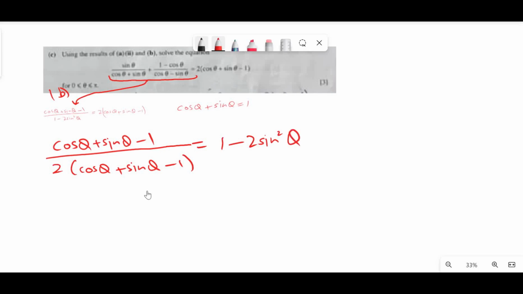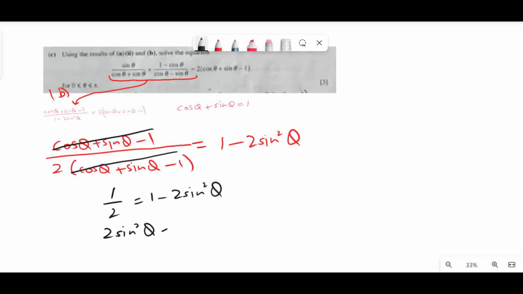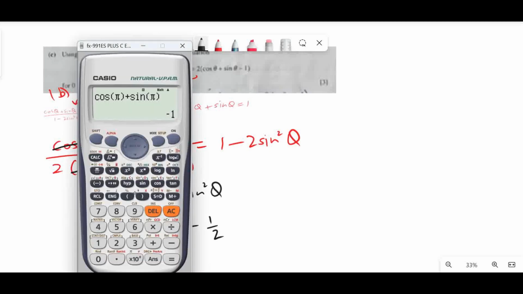Now from here we can clearly see that these two values are same, so we can cancel out this one with this one. So 1 by 2 is equal to 1 minus 2 sine square theta. From here we can write it as 2 sine square theta will be equal to 1 minus 1 by 2.